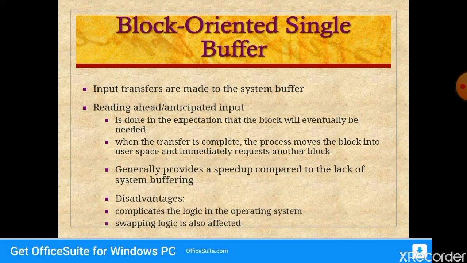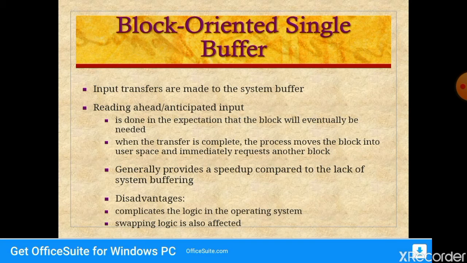In this way, the blocks needed for execution are read ahead and stored in the buffer. So this process speeds up the execution of the CPU so that the response time is reduced and the throughput is increased.